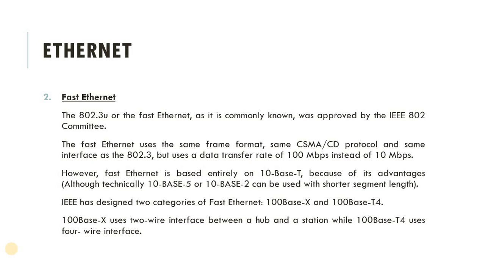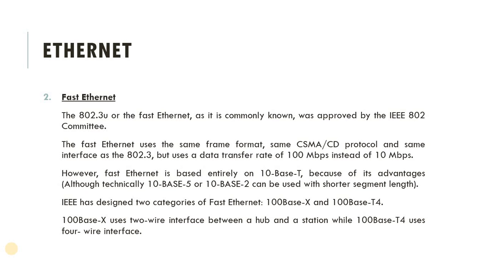In fast Ethernet the speed is 100 Mbps, while in switched Ethernet the speed is 10 Mbps. However, fast Ethernet is based entirely on 10BASE-T because of its advantages, although technically 10BASE-5 or 10BASE-2 can be used with a shorter segment length. Here IEEE has designed two categories of fast Ethernet, 100BASE-X and 100BASE-T4.